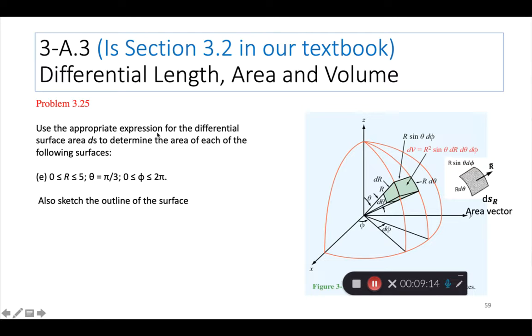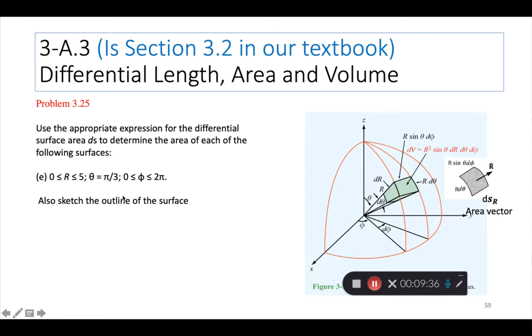Use the appropriate expression for the differential surface area dS, which is what we have been doing in the last two examples. So pick the right dS, and then for this surface, he has given you r, theta, and phi, which means this is part of a cylinder or a sphere.